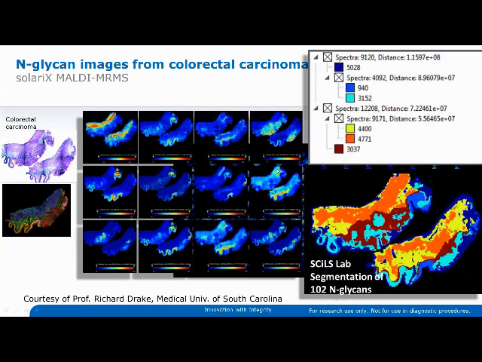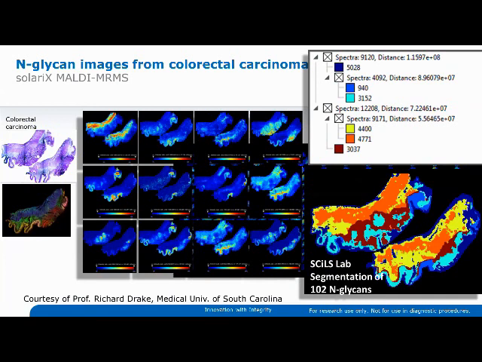We can take this and illustrate this diversity a little more. We submit all of these data to SCiLS Lab software for segmentation. And the segmentation looks at each spectrum. Remember, each pixel in the images you see here in the center of the screen is one peak out of a complete mass spectrum, a complete fingerprint of all the glycans at that specific location.